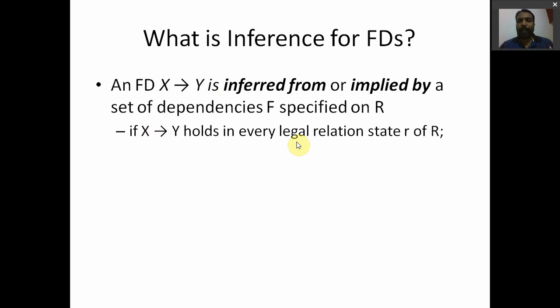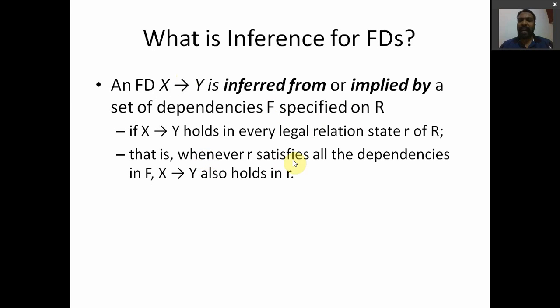If X to Y holds in every legal state of R, then we say X to Y is inferred from F. That is, whenever R satisfies all the dependencies in F, X to Y will also hold in R.